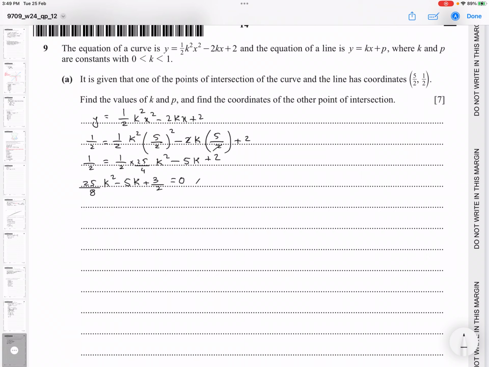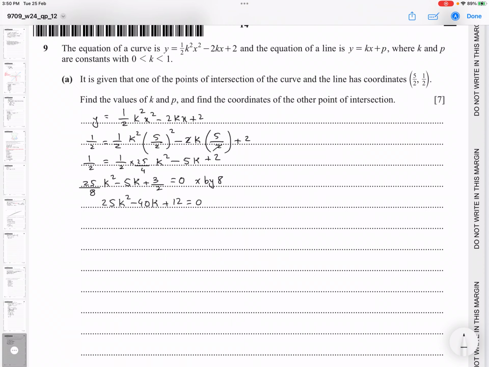Now multiply by 8 to get rid of these fractions. You will get 25k squared minus 40k plus 12 equals 0.